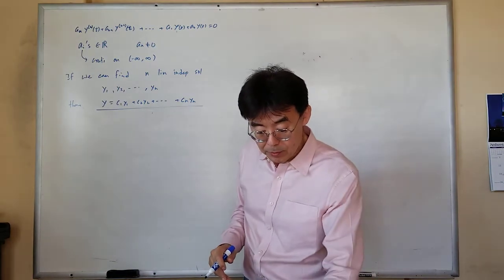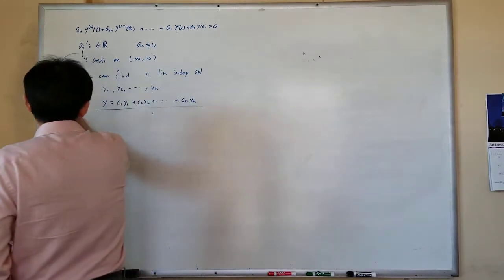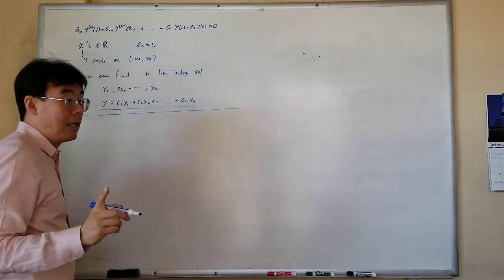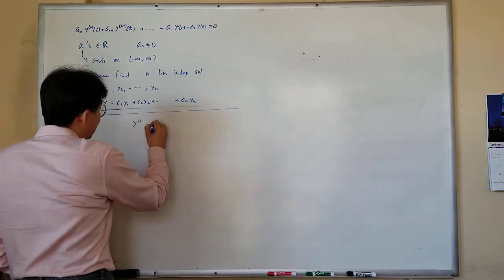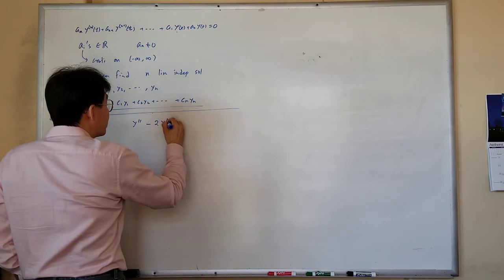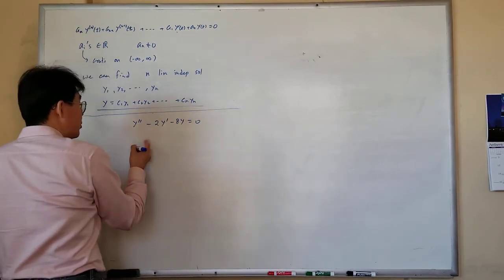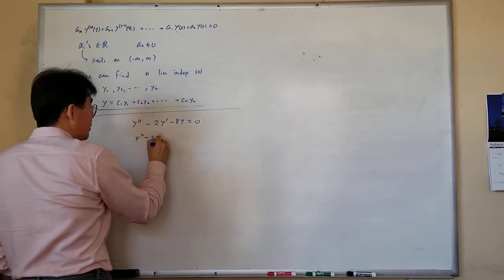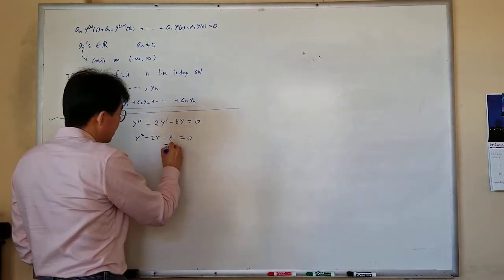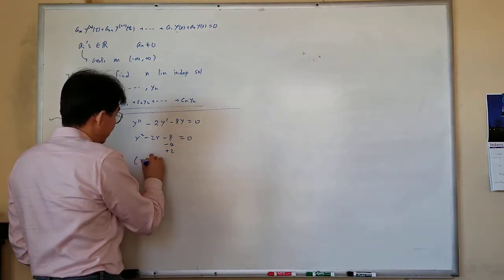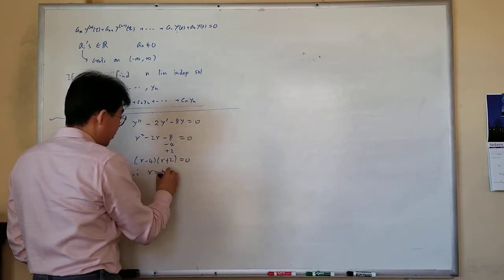Before we continue, let me do two things. First of all, in second order differential equations, when you have something like this, we found that the solutions of the auxiliary equation, r minus 4 times r plus 2 equals 0, give r equals 4 and negative 2.